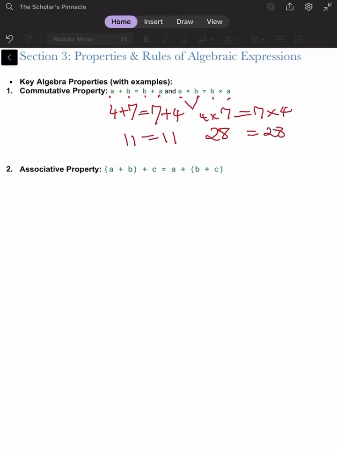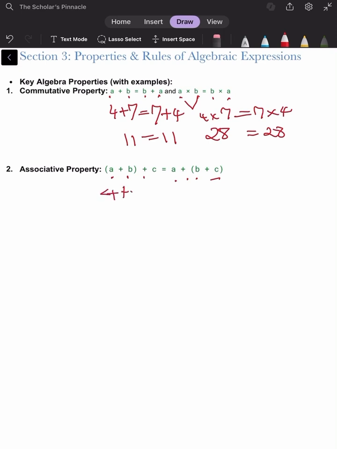Property number 2, associative property. (a plus b) plus c is equal to a plus (b plus c). Let's keep our 4 and 7 from above. (4 plus 7) plus 5 equals 4 plus (7 plus 5).